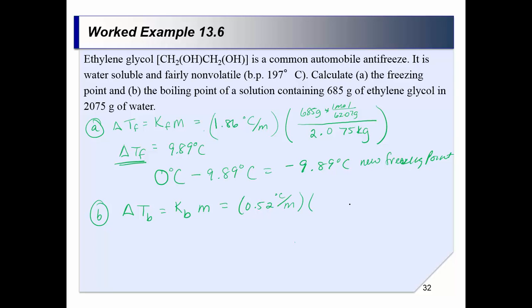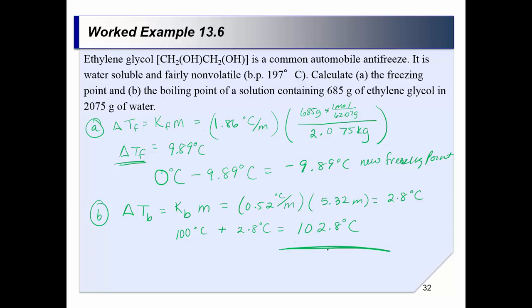And all this stuff worked out to like 5.32 molal. So the boiling point change is 2.8 degrees Celsius. My normal boiling point, remember the new boiling point of the solution will be my normal boiling point plus this, 2.8 degrees Celsius. So my new boiling point is 102.8 degrees Celsius.